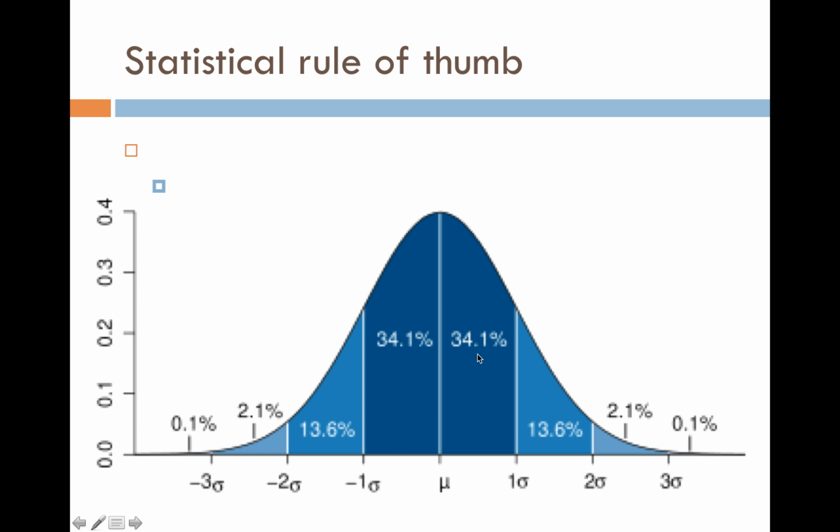You see these numbers in the middle, 34.1, 34.1. If you add them together, you're going to get 68.2.